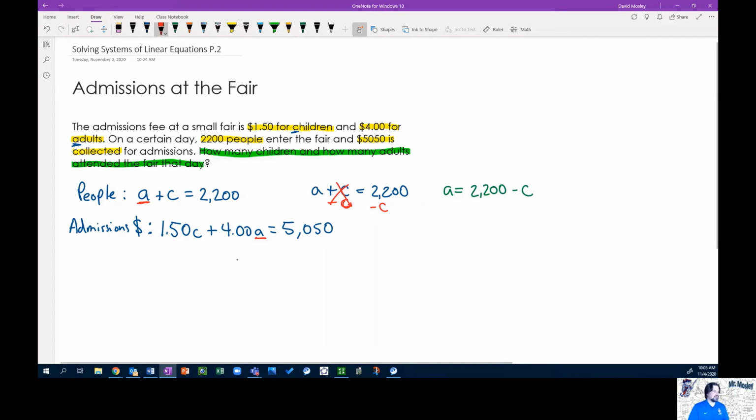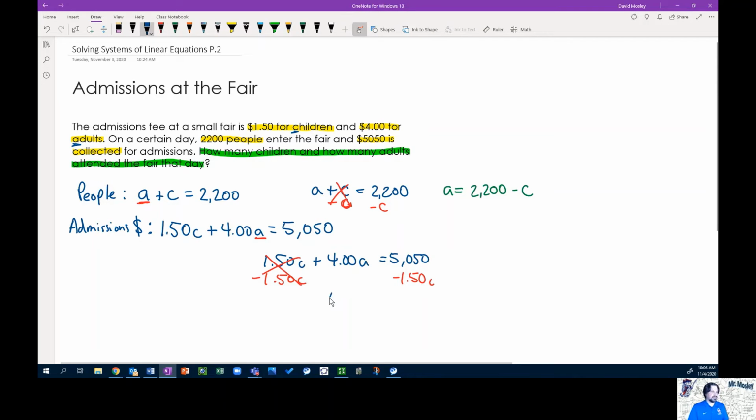We'll do something similar with this one. We're starting with 1.5 C plus 4A equals 5,050. I want A on the left by itself. I'm going to start by subtracting 1.5 C, and that goes away.